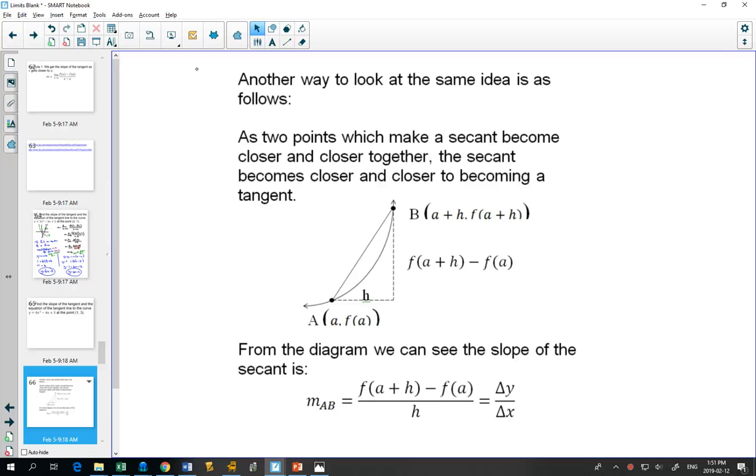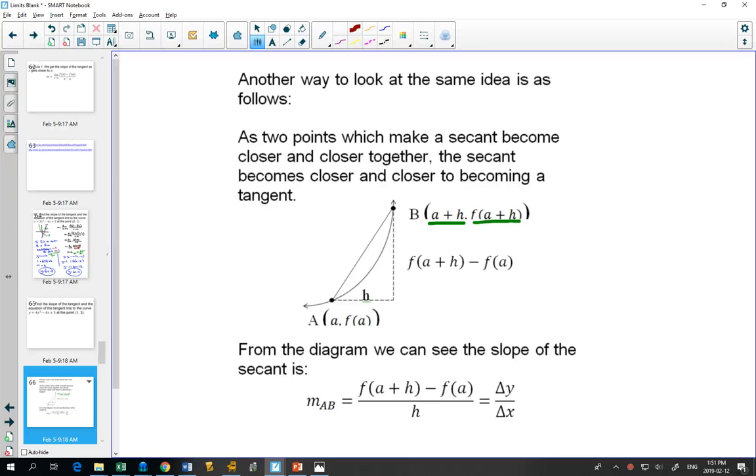Instead of having two values and doing x minus a, I could just call this h. I still have my same point here, a and f of a. But now my point up here would be a plus h, if this distance is h. And my y value would be f of a plus h. Can you see that it's the same idea, just using different variables?